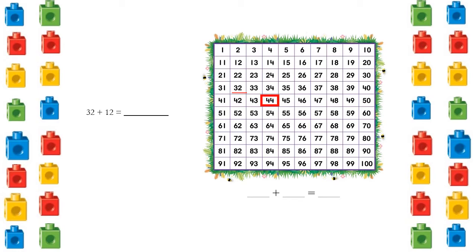We started at 32 and we went down one row. That's like saying plus 10. And then we hopped over 2 spaces, 11, 12. So 32 plus 12 is 44. And of course, you would write all of that here because this is where they want you to write it. If they give us blanks, we have to fill them in. Let's try another one.